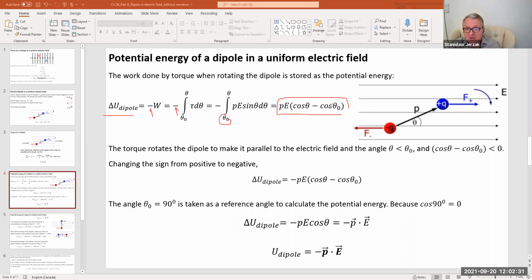Which means that if theta naught is larger than theta, the final orientation, then as you know, cosine decreases with the angle. So this bracket will be negative, because theta naught is larger than theta. So I have to introduce a negative sign here to account for that.